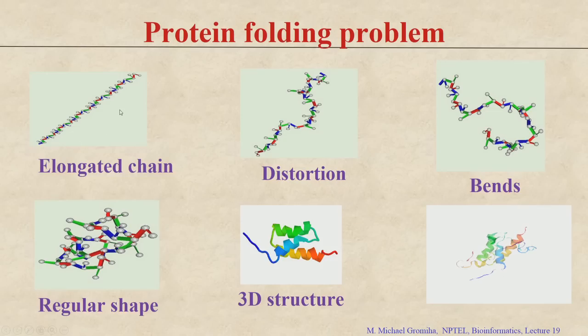If we take the 3D structure, first you can see an elongated chain, then it is distorted here and there. After that you can see the probable bends, and finally it gets a regular shape, a kind of 3D structure. This is the animation. You can see how the unfolded state of a protein finally folds into a stable 3-dimensional structure. So, how to obtain this structure from the amino acid sequence?